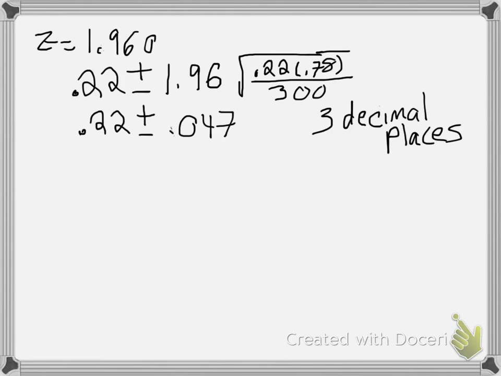Okay, so what's 0.22 plus 0.047? Well, that's 0.267.